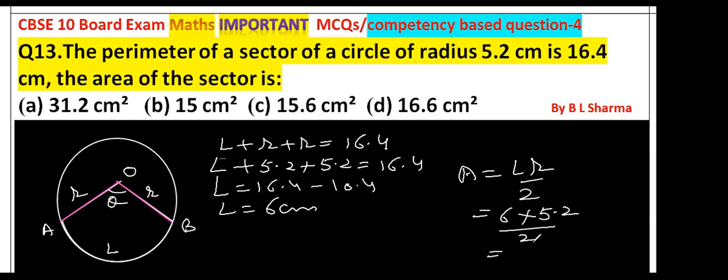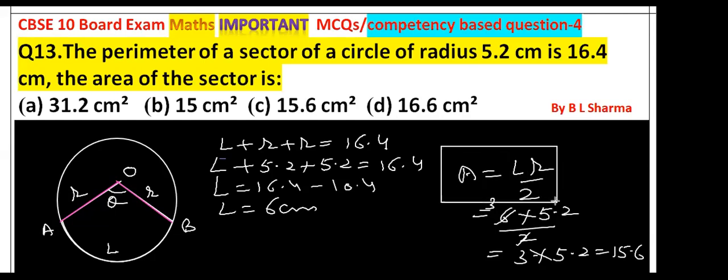So 6 by 2 is 3, 3 into 5.2 is 15.6. Student, please keep this formula in your mind: the area of sector is given by length of arc into radius by 2. So here, the area of this whole sector will be 15.6 centimeter square and therefore C is the correct option.